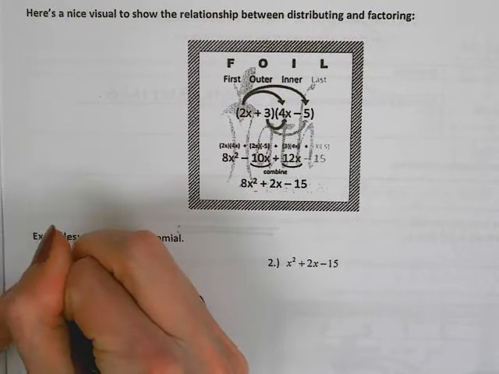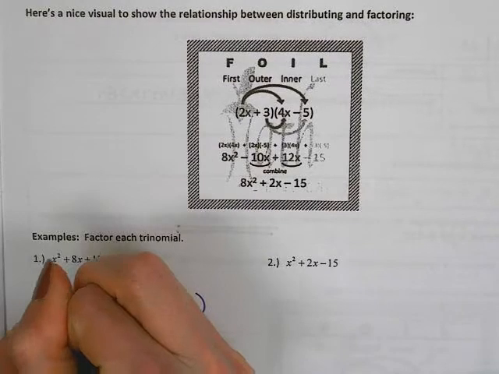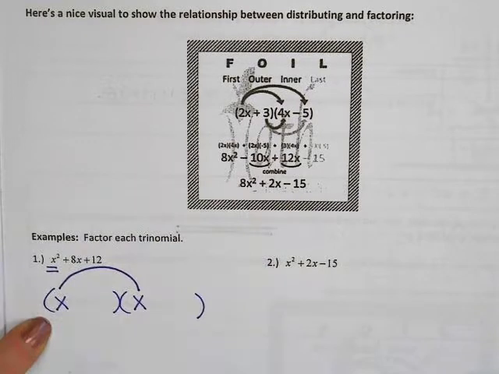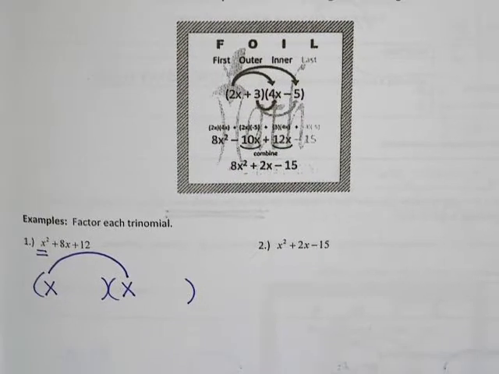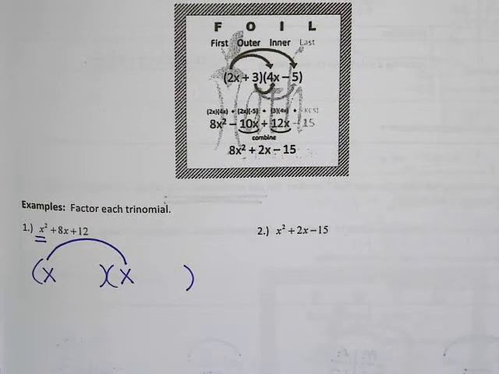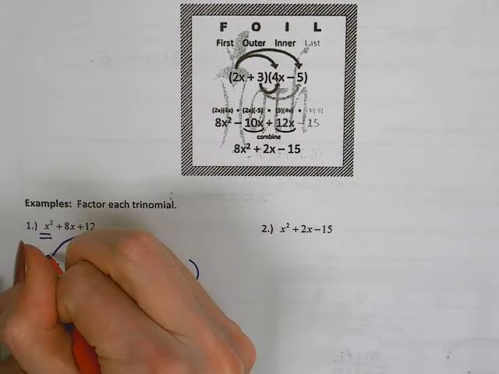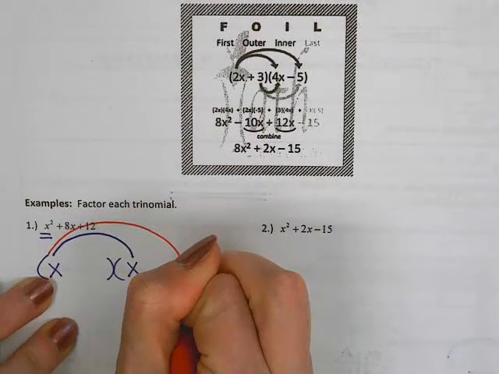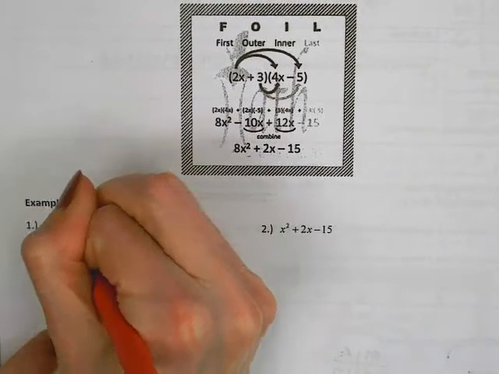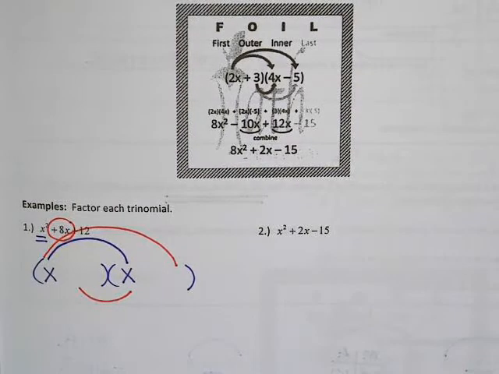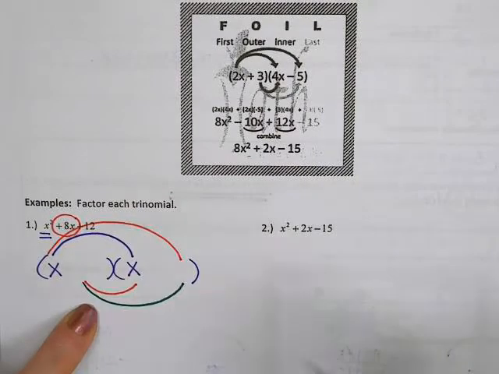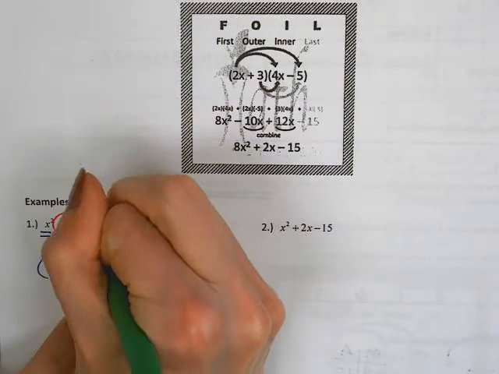If it's x squared, you automatically know there's got to be an x and an x, because that first rainbow part is how you're going to get it. Now, we also know that at some point, these and these are going to have to add to 8. And then we also know that the last ones are going to have to multiply to 12.